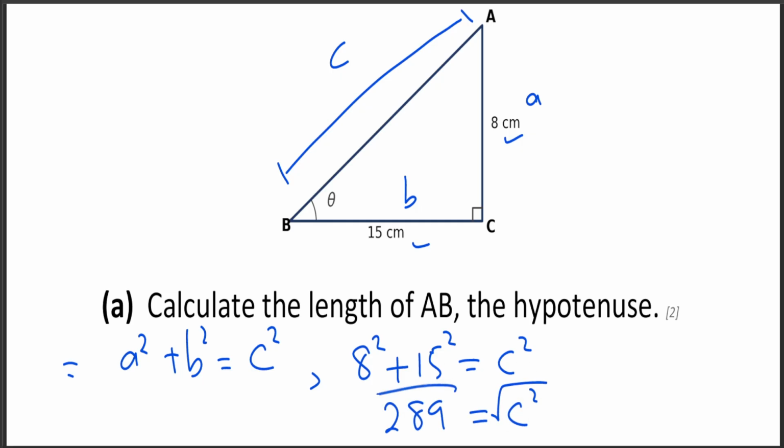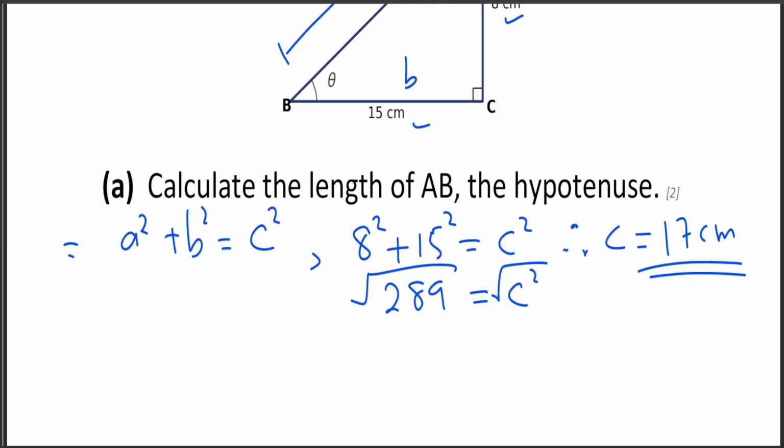If I square root this, your c is going to be the square root of 289, which is 17 centimeters. And therefore this c is 17 centimeters. So that is the length of AB using Pythagoras theorem.